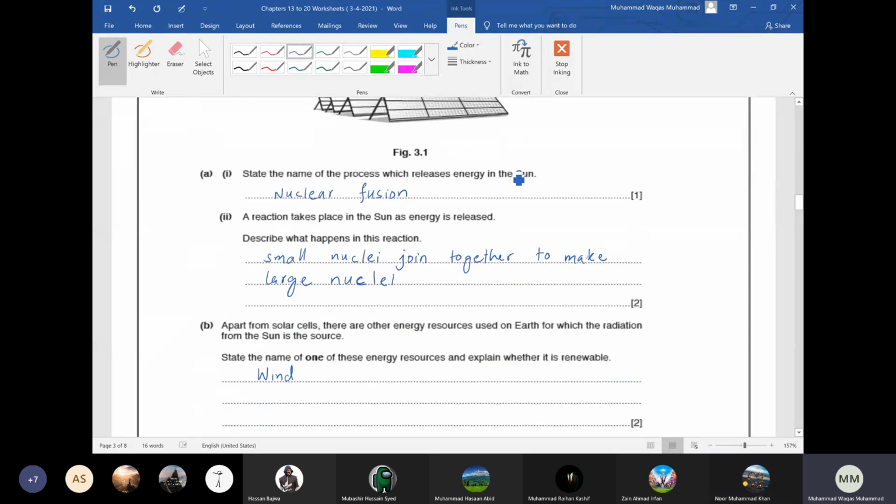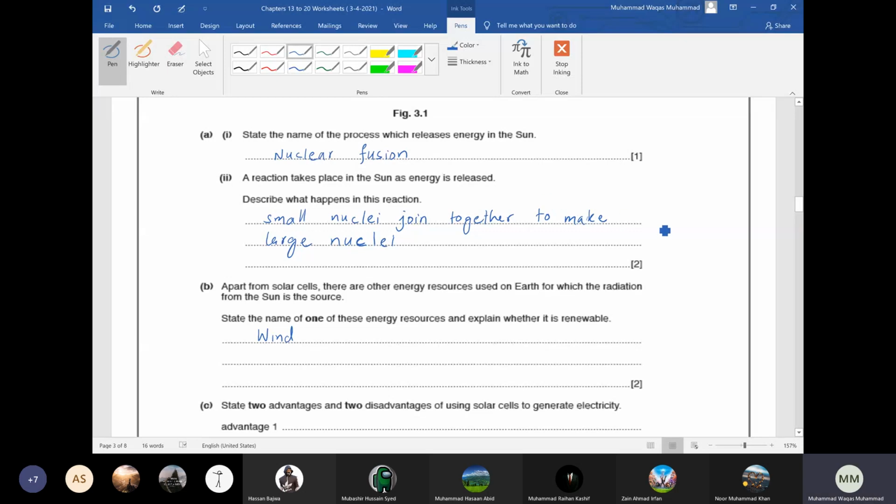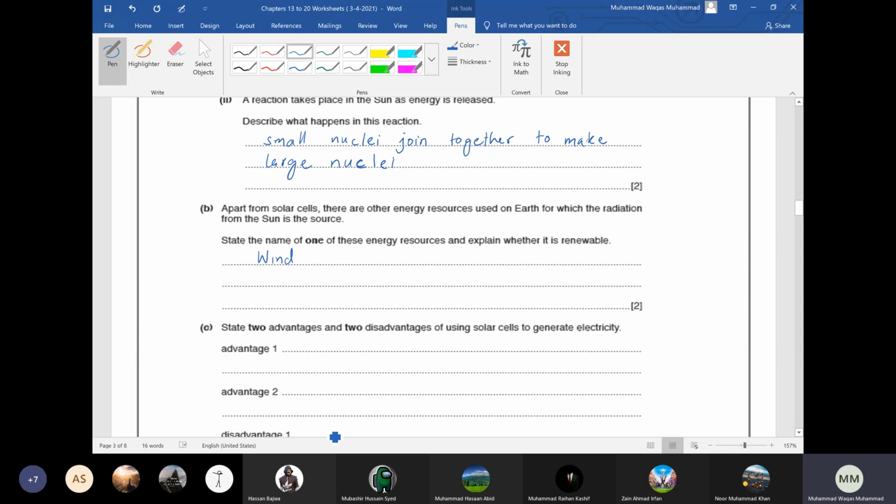So how can you write geothermal here when they say the radiation from the sun is the source? For geothermal, nuclear and tidal, the sun is not the source of energy. So beta, we can write wind energy.